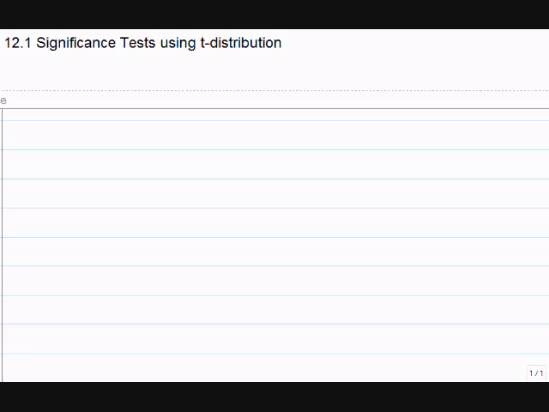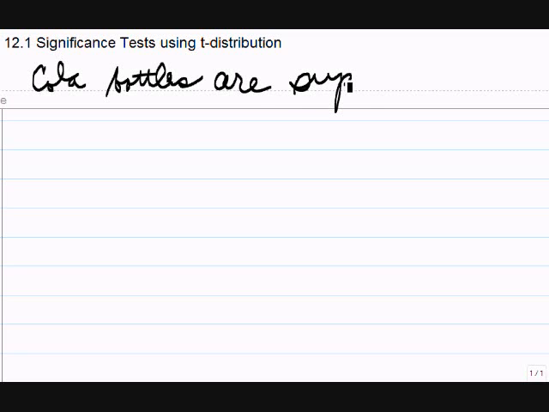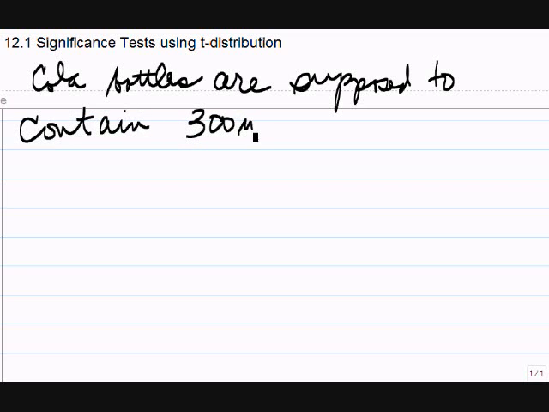Okay. So, cola bottles are supposed to contain 300 milliliters of cola.